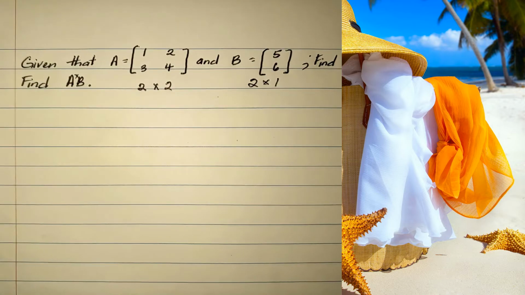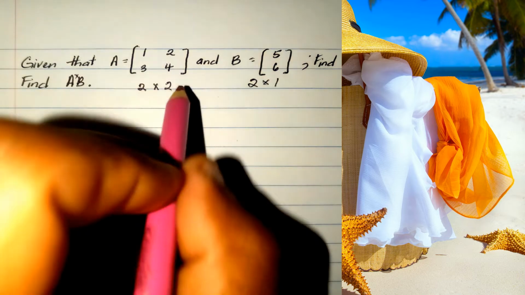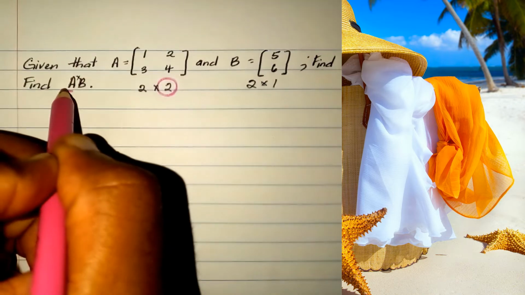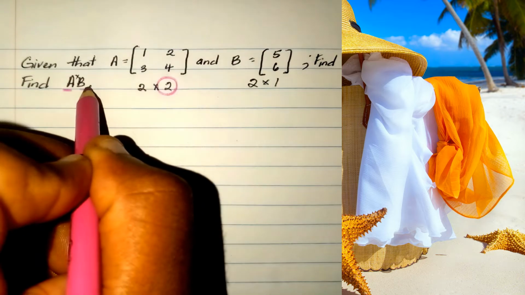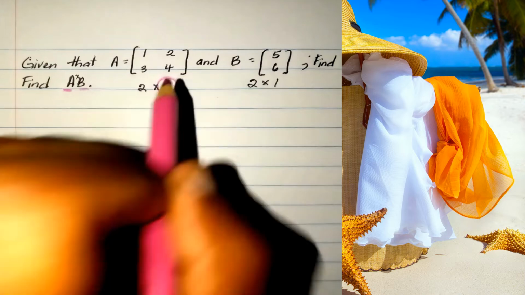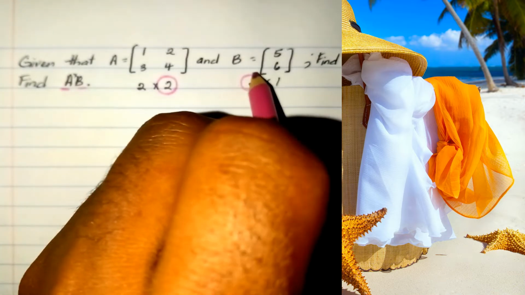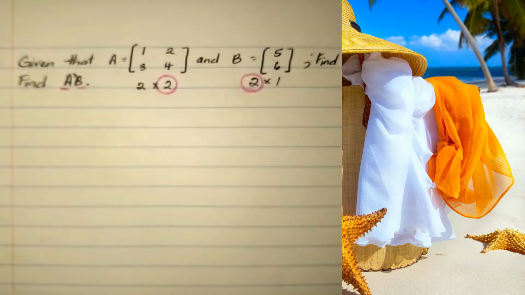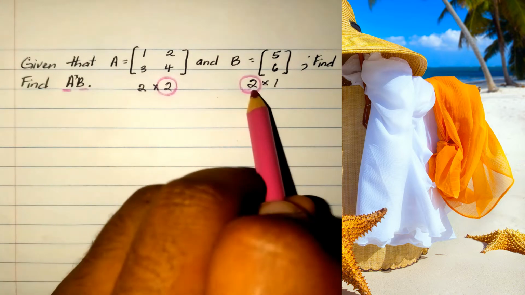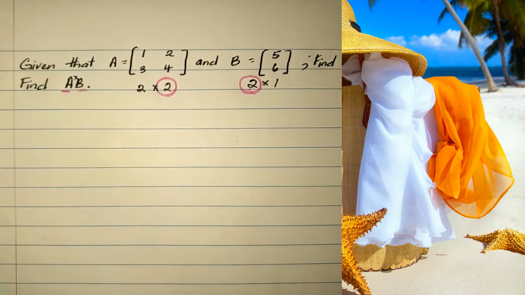To check whether it's conformable, the number of columns in the first matrix, because we're dealing with A and then B, must be the same as the number of rows in the second matrix. Now look, we're comparing this with this. Are they the same?